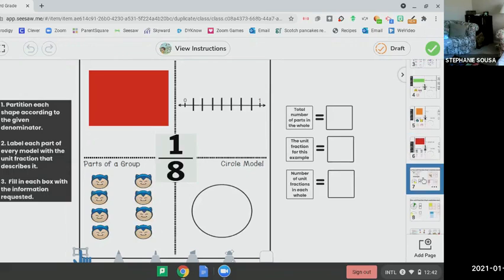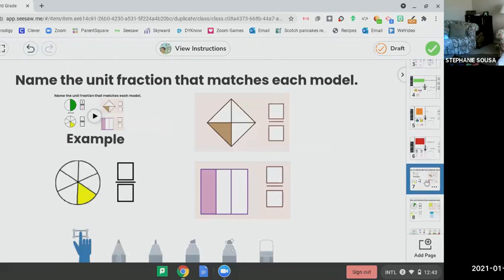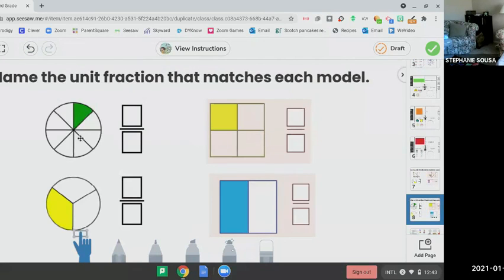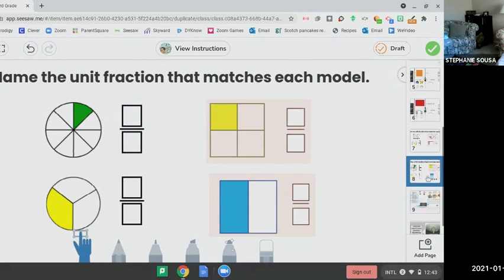You also need to complete slides 7 and 8. They say, name the unit fraction that matches each model. There's an example here that Miss Saxton does for you if you need to see it. 8 is the same thing. You're going to look at the picture and label the unit fraction.